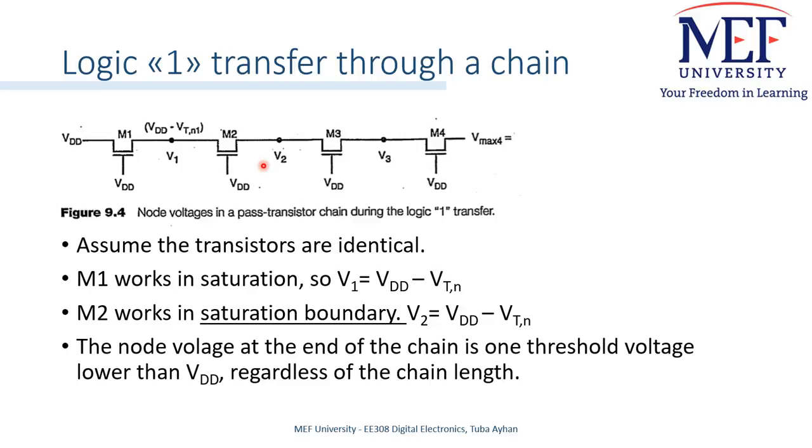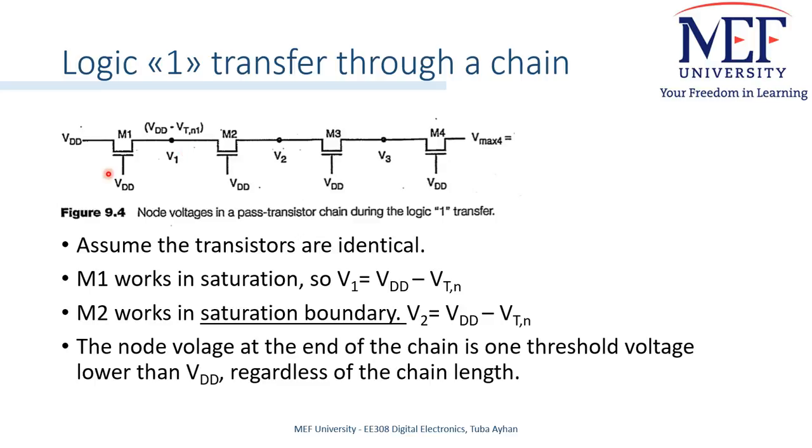Here we see another example of logic 1 transfer. Now consider the case in which a logic 1 at the input node is being transferred through a chain of cascaded pass transistors. For simple analysis, we assume that initially all internal nodes V3, V2, V1 are equal to 0.